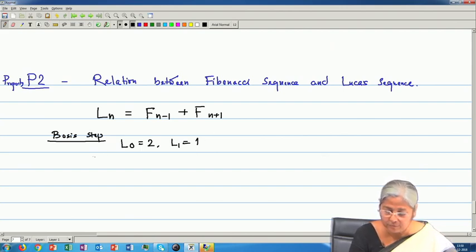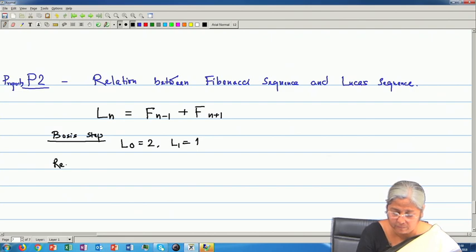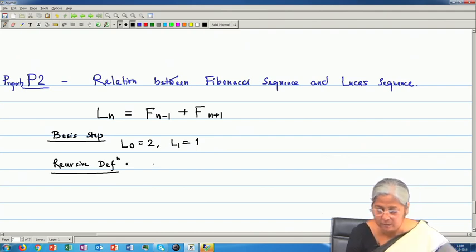And the recursive definition of Lucas number, we know that L n is L n minus 1 plus L n minus 2.